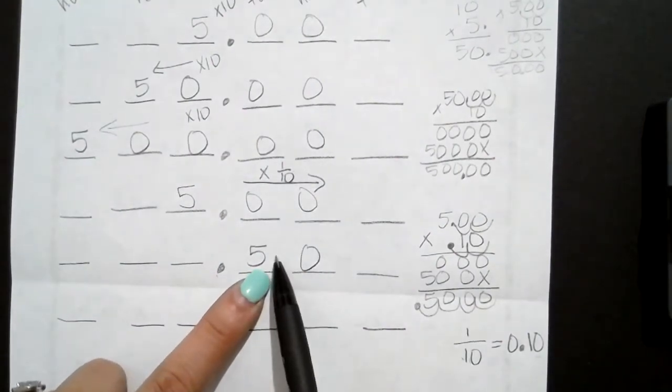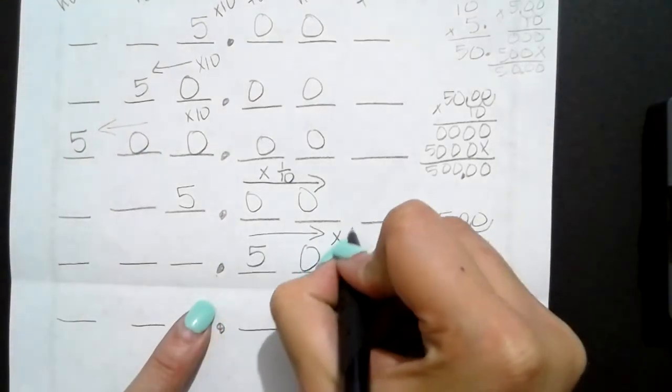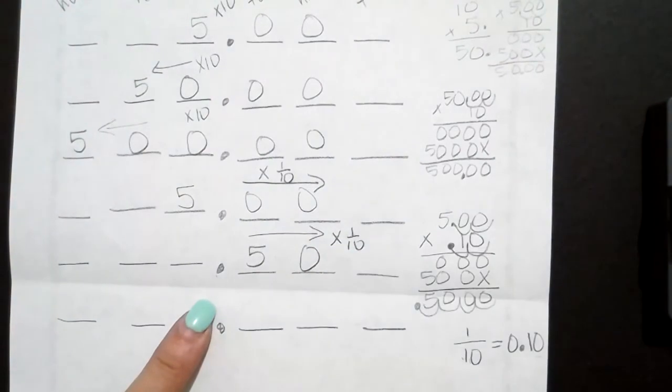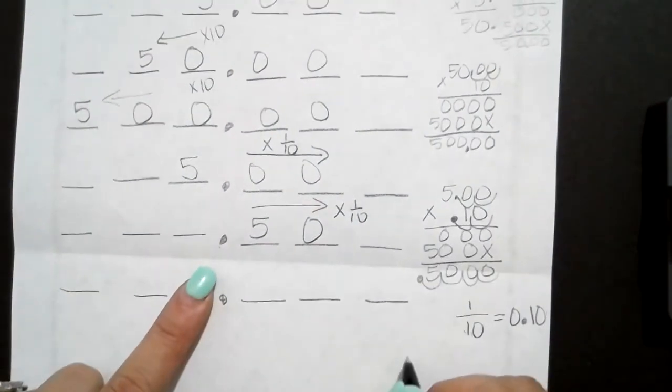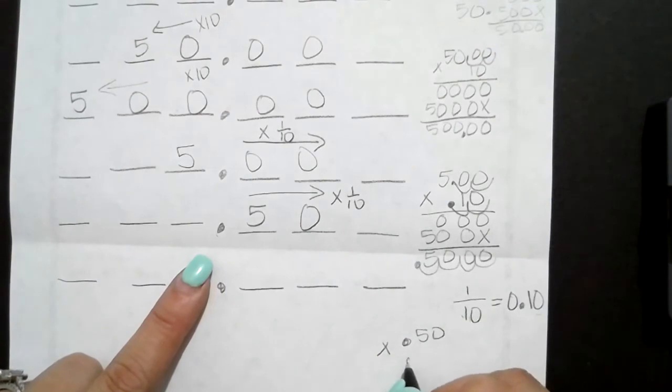If I take that 50 cents and I do that again, I multiply it by 1/10. Well, now I have 50 cents, and I'm multiplying it by a tenth. 1/10 as a decimal is 0.10.